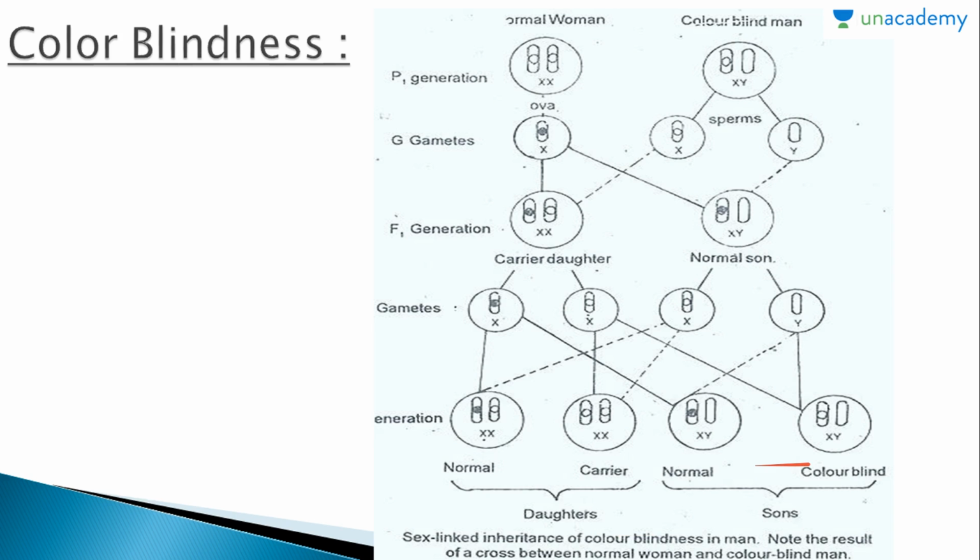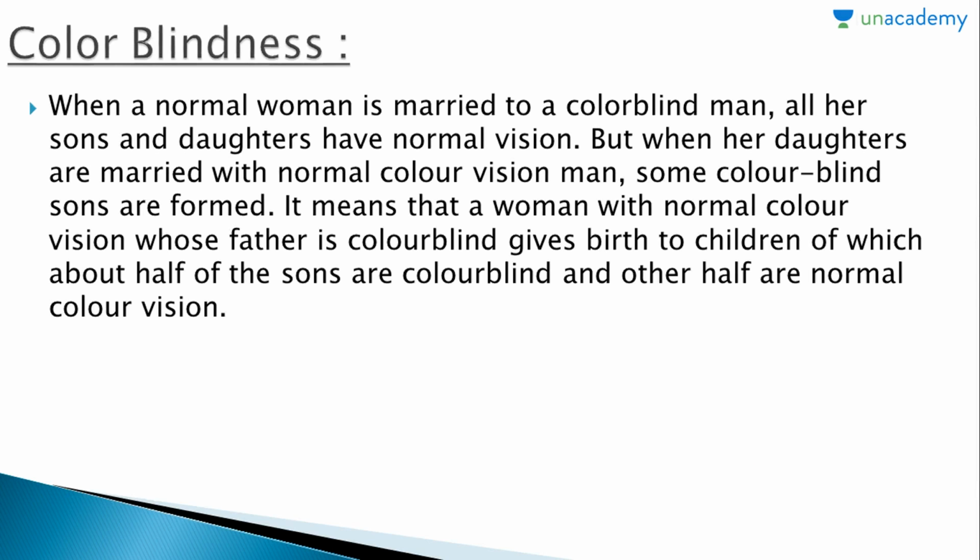Moving forward, when a normal woman is married to a color blind man, all her sons and daughters have normal vision. But when her daughters are married to a normal vision man, some color blind sons are formed, as her daughters are only carriers, and when they marry another person, their sons can be color blind.